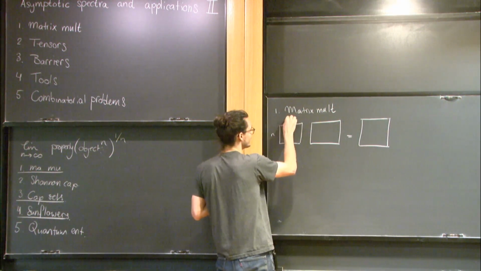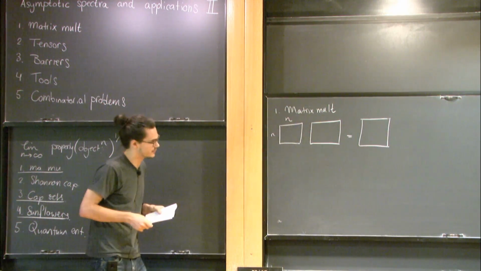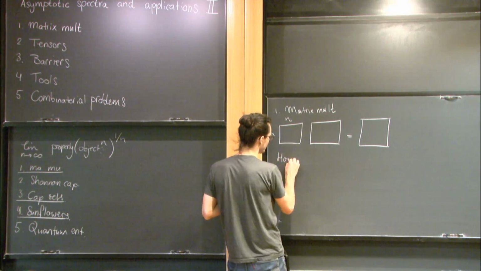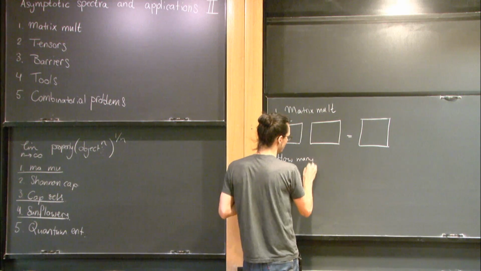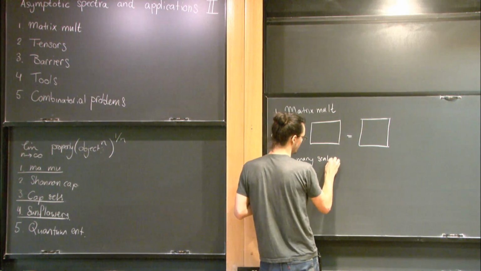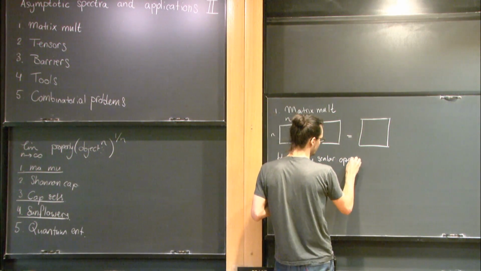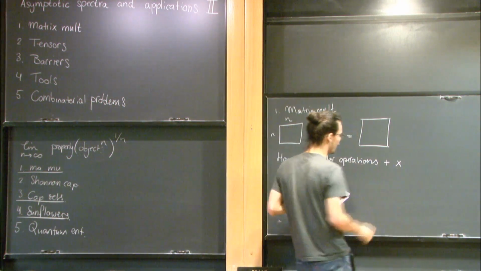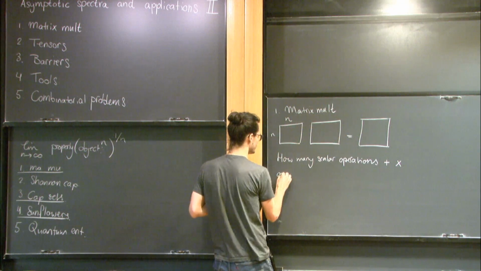So n by n matrices. We want to multiply these matrices, and the question is how many scalar operations, plus and times, are required to do this.